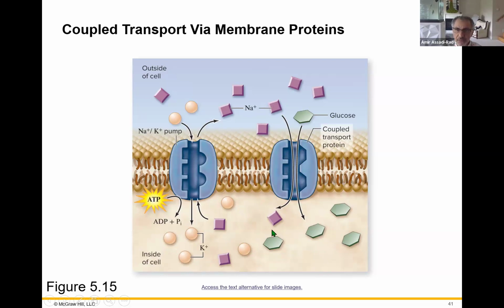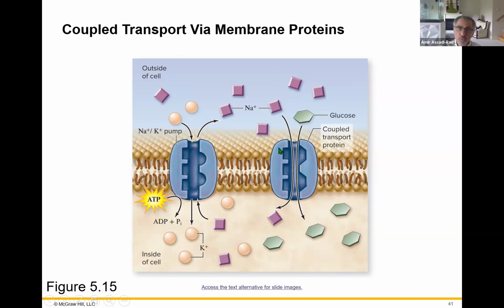Again, this is a different protein molecule than this one. Different cells have this one, and different cells have that one. Possibly some cells might have both of them. Okay, so it is a symporter.